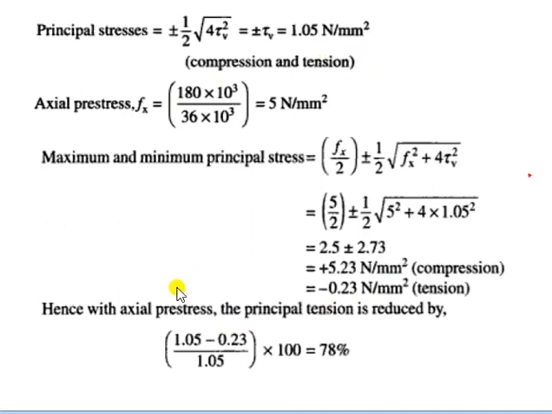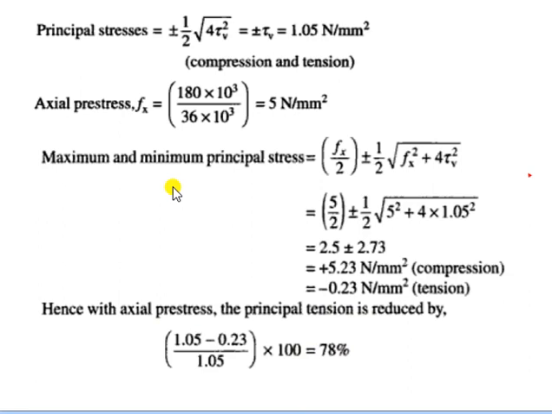So 1.05 minus 0.23 divided by 1.05 into 100, that gives 78%. So this 78% is indicating that with axial pre-stress, the tension reduced in the member is 78%.